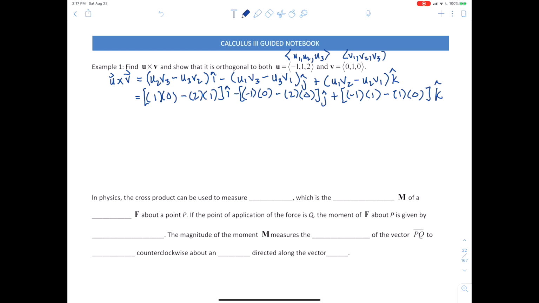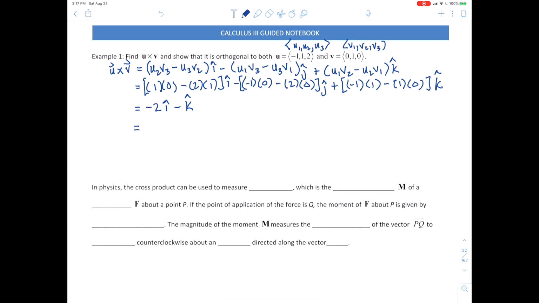All right, so let's see how we did. We end up getting, I believe, negative 2i, and then what's that going to be? I think j zeroes out, and then we'll have minus k. How'd you do? And we can write that in component form as negative 2, 0, negative 1.